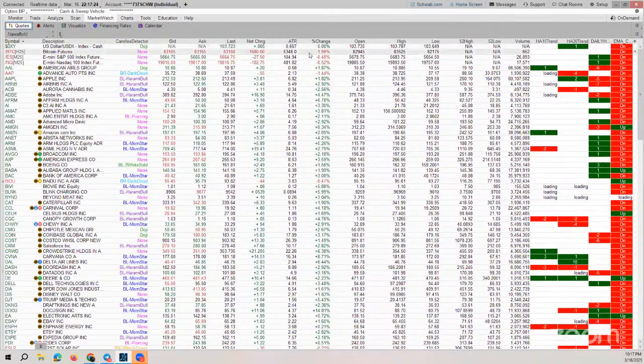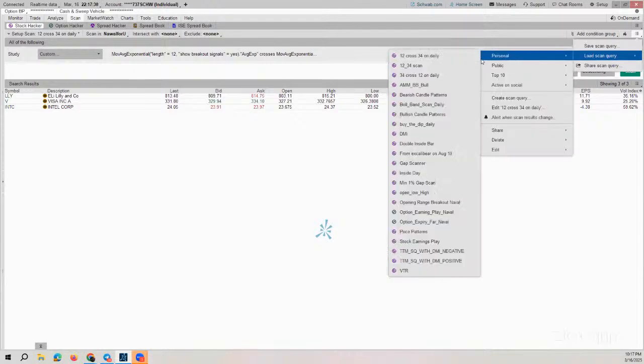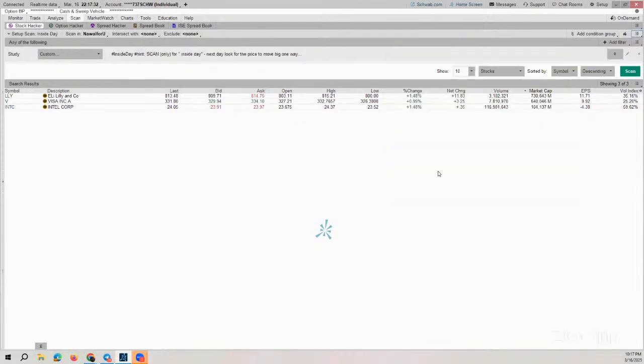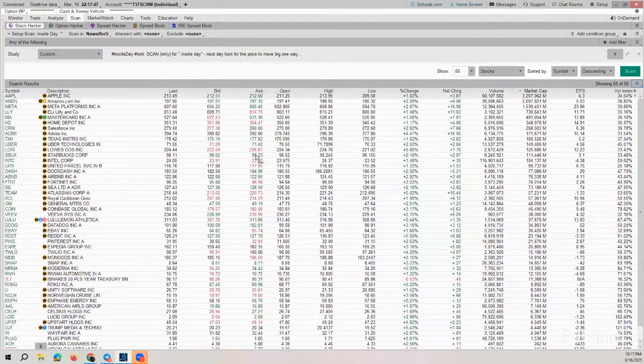Then let's go and check on other scanners. I'll look for the inside day. Again, I'm only looking at my watch list. There are many stocks which are inside. So let's look at Apple, Amazon, Meta, Lilly, Adobe.